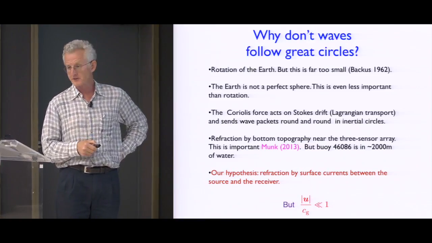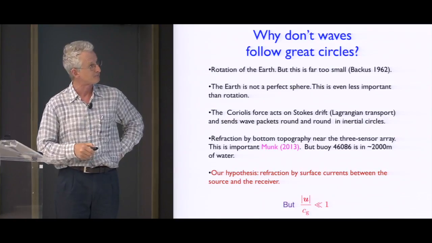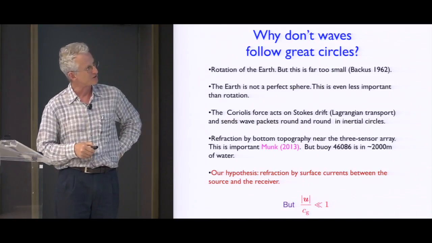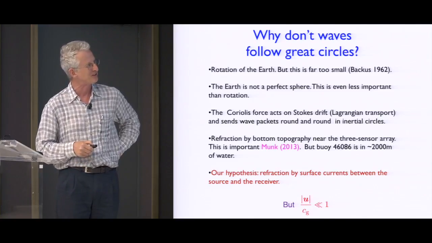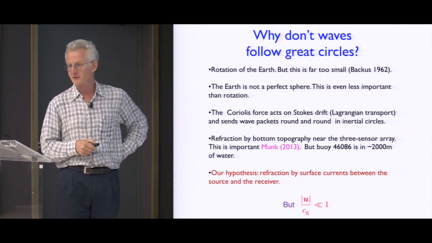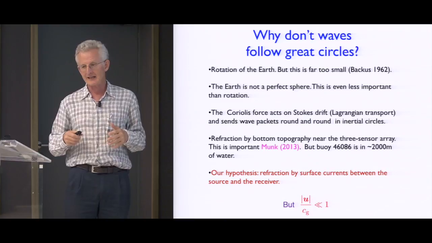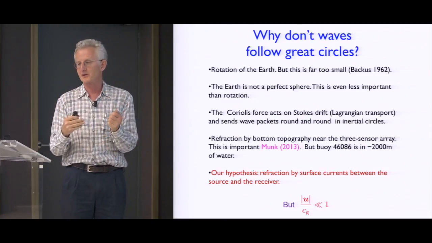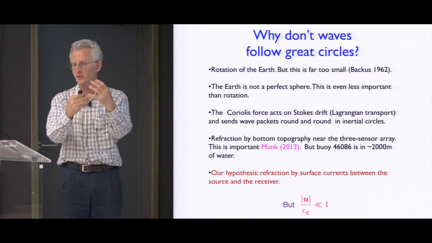The Earth isn't a perfect sphere, but that's even less important than rotation, as it turns out. Here's one which is crazy, but it's awfully difficult to explain why it's crazy, because it sounds plausible when you first hear it, which is that surface waves, as they propagate, can carry mass with them. There's a phenomenon called Stokes drift, where a surface wave will actually transport mass.